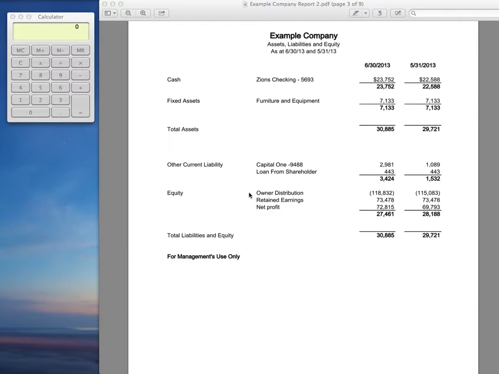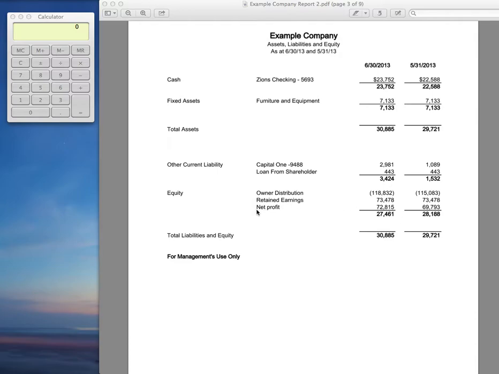Unless you've got a C corporation, it's better identified as a distribution, because there's no extra tax on a distribution like there is on dividends. So we've got here from the beginning of this company's existence, the owner has withdrawn $118,000.